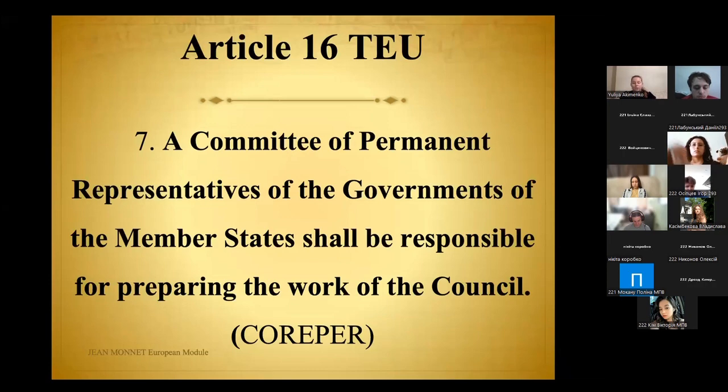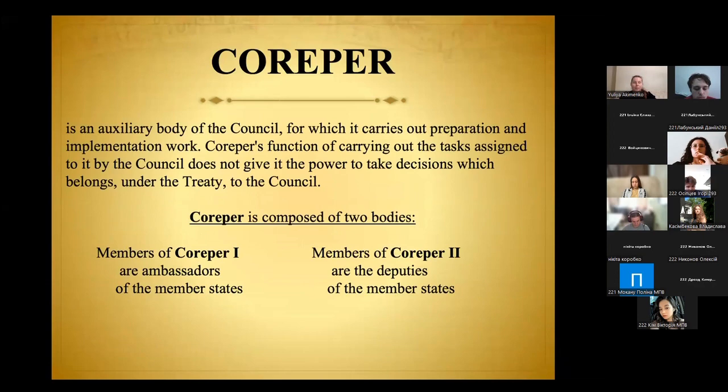It's from a French term, so as I don't know French so well, I won't say the French original term. So this committee of permanent representatives is responsible for preparing the work of the Council. We have a special provision for that. So this body, an auxiliary body of the Council, carries out preparation and implementation work. COREPER's function of carrying out the tasks assigned to it by the Council does not give it the power to take decisions which belong under the treaty to the Council.